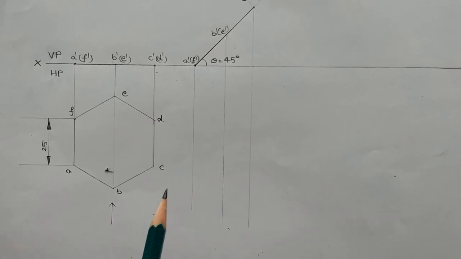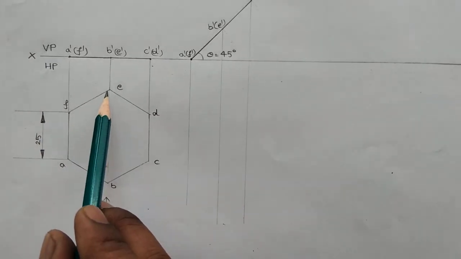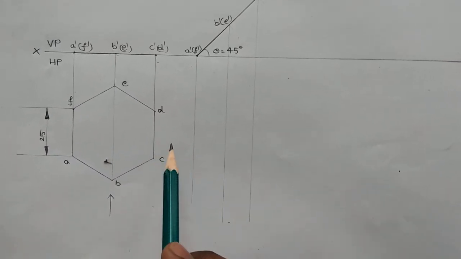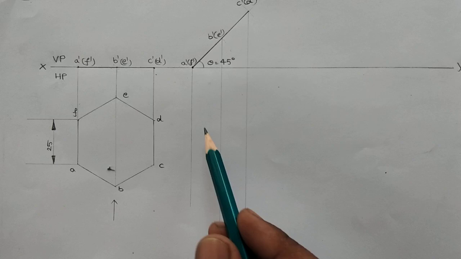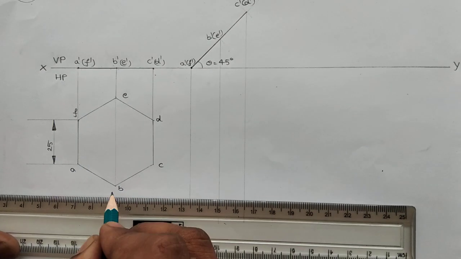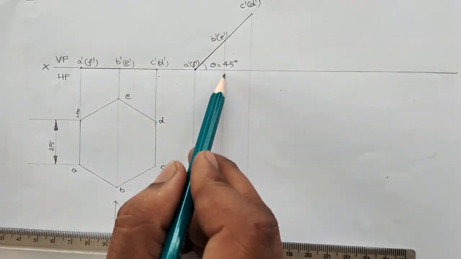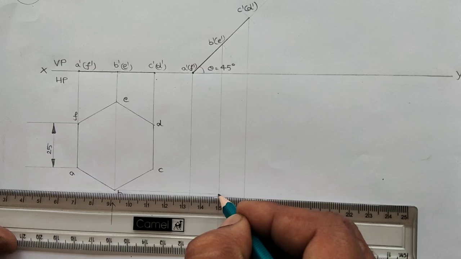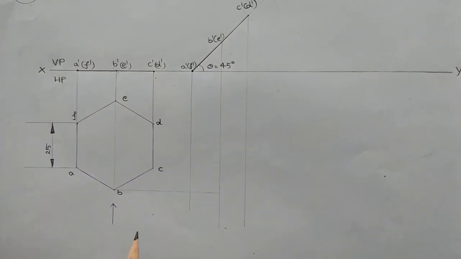And similarly, we should construct the locus lines from each point E, F, D, A, B, C to intersect the respective projector line. Suppose if we take point B, the locus of point B must be intersecting with the projector of B. So in this way we can construct the locus lines.